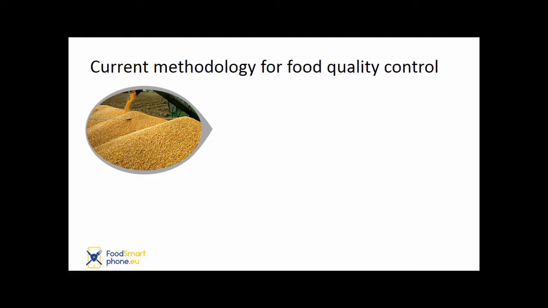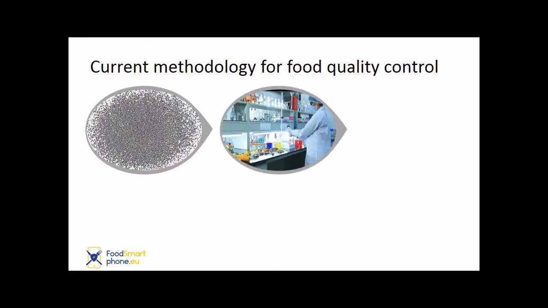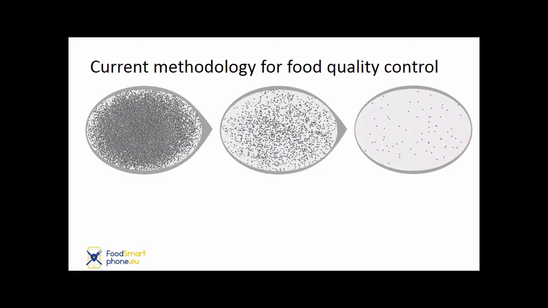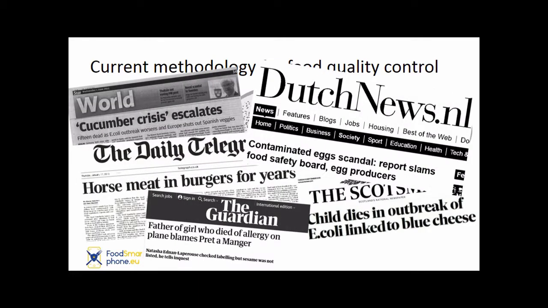In order to perform those tests, at first, sampling is done on site to a huge amount of samples, and then transportation into the lab where screening assays and confirmatory analysis is performed to a smaller amount of samples, and finally, the samples that are found positive for the screening of contaminants is less than 1%. As you can imagine, this is a very elaborate procedure. But if that's the case, then why do we still see food-related scandals?